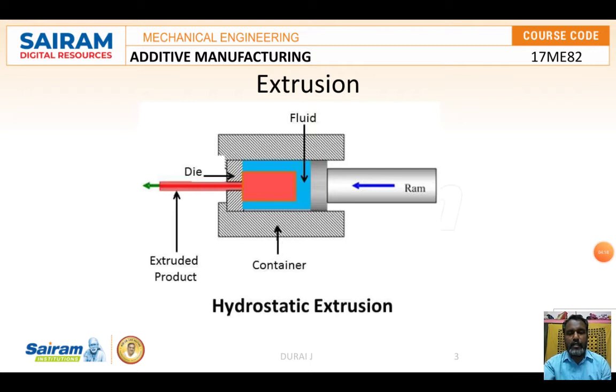Then comes extrusion. Here the procedure is that metal powder compaction gives semi-finished products, with pre-processing or possibly pre-sintering. This process is carried out at normal temperature.